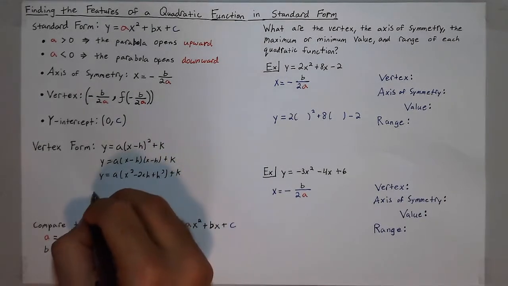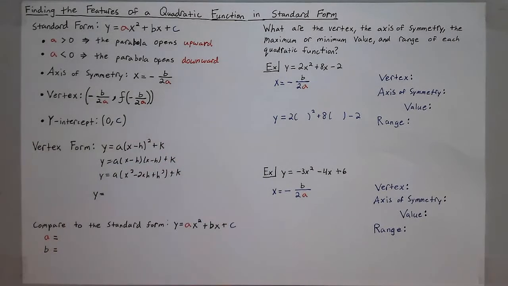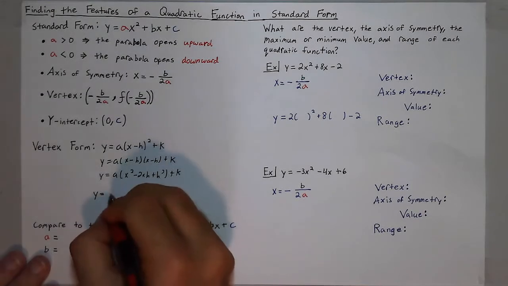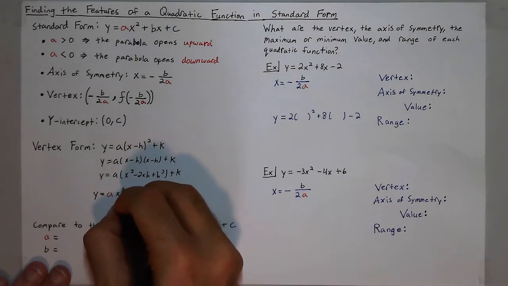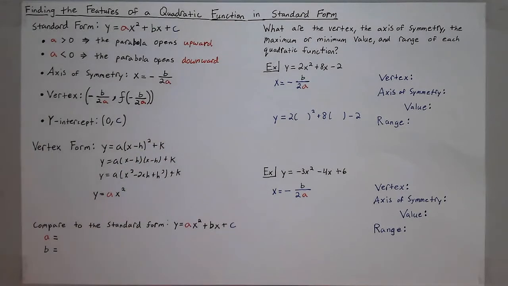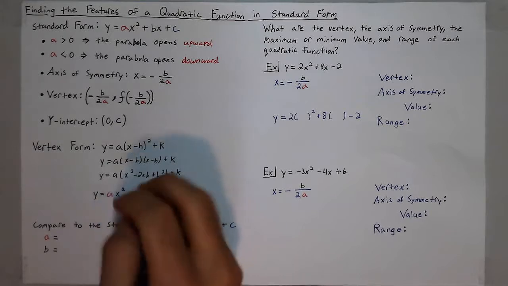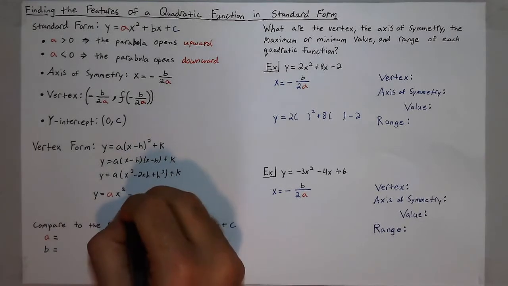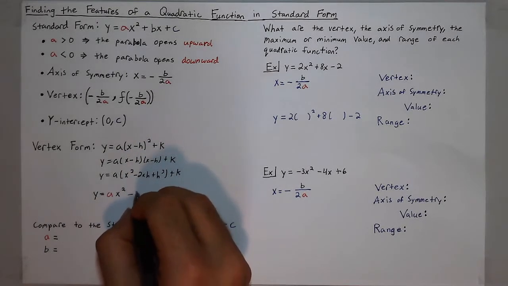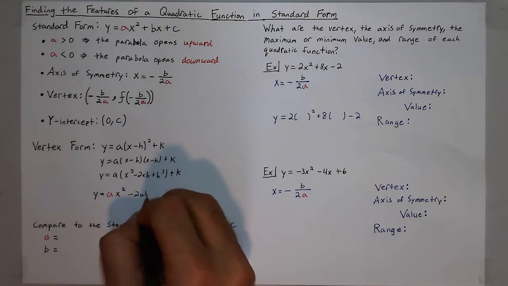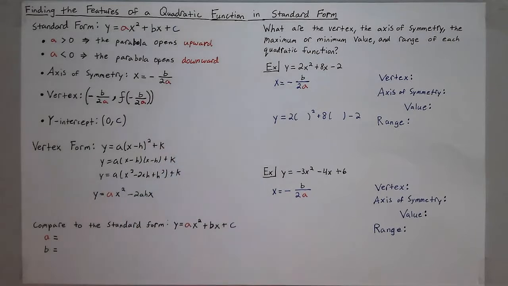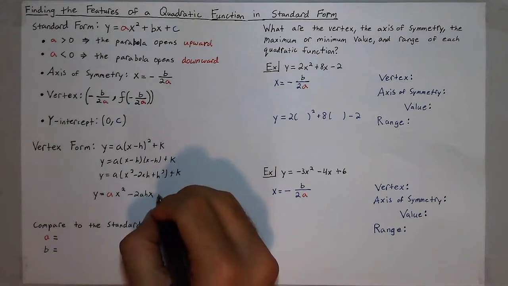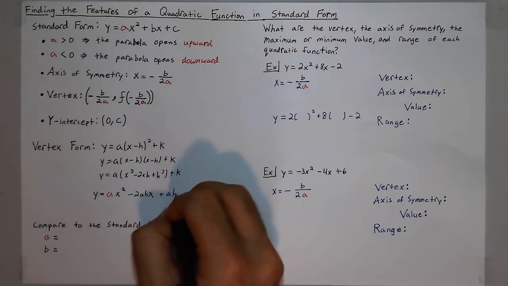Distributing the a, I'll get y is equal to a times x squared minus 2ahx, and that a multiplies there, and then I'm left with plus ah squared plus k.